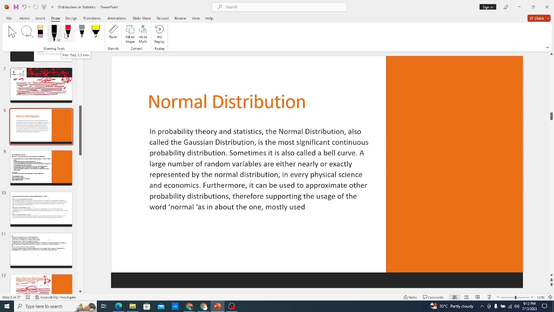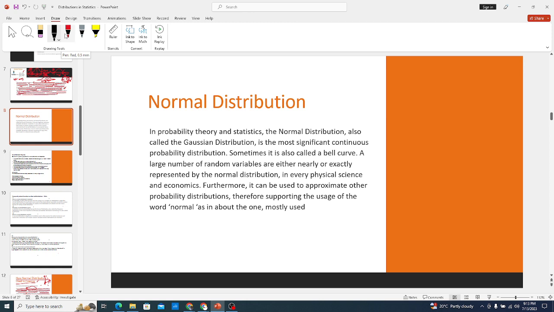Or if we were to collect data in terms of weight, height, or arm length, definitely that data will follow a normal distribution.